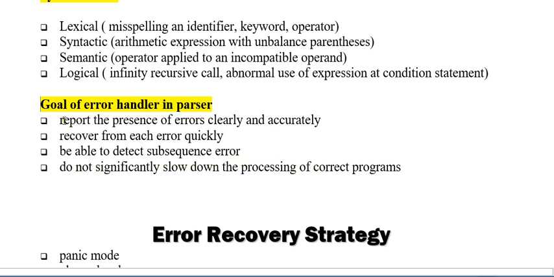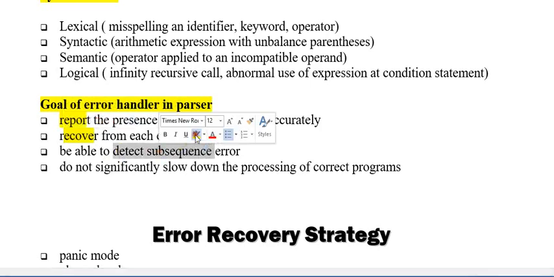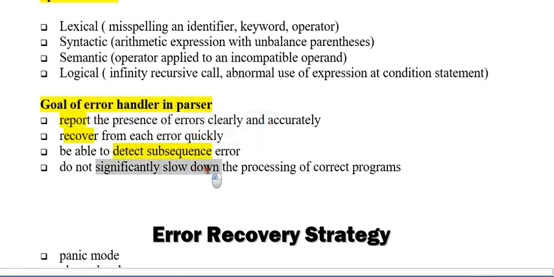That means first you need to report, then recover, then detect, and don't slow down the operation. Those are the important roles and goals of the error handler in the parser.